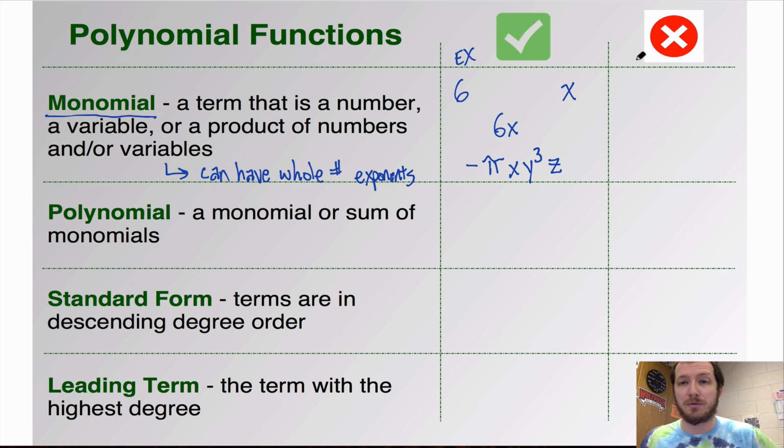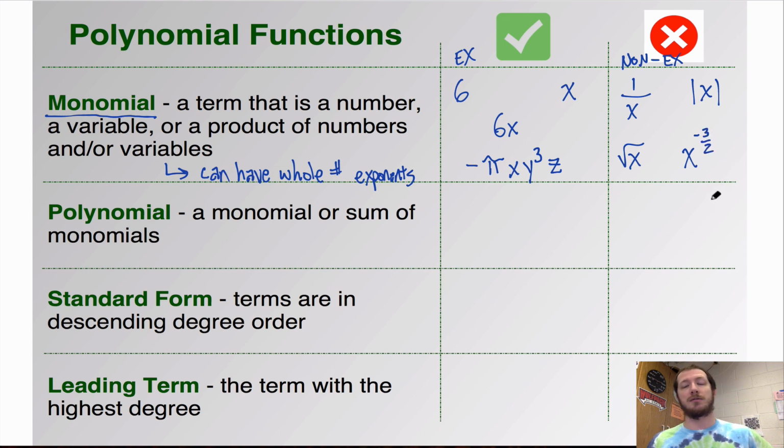Some non-examples of monomials would be something like 1 over x, no variables in the denominator. We can say the absolute value of x, or square roots. And something with exponents, so maybe x to the negative 3/2. That can't happen either. So those are non-examples of monomials.